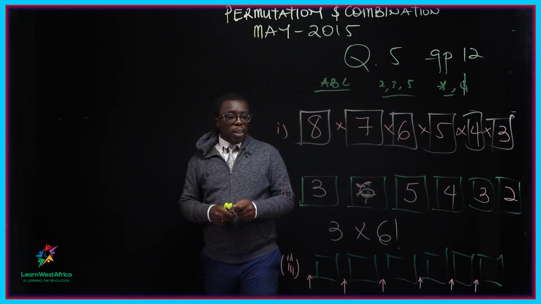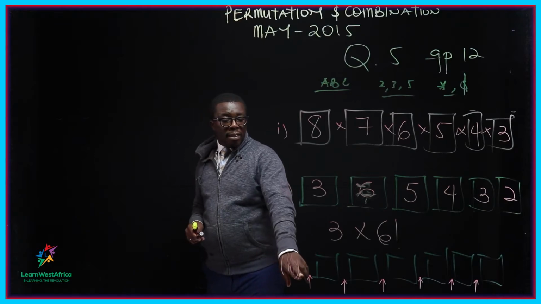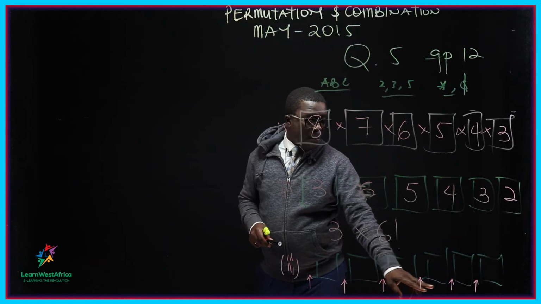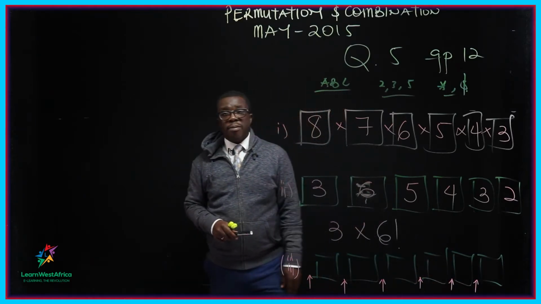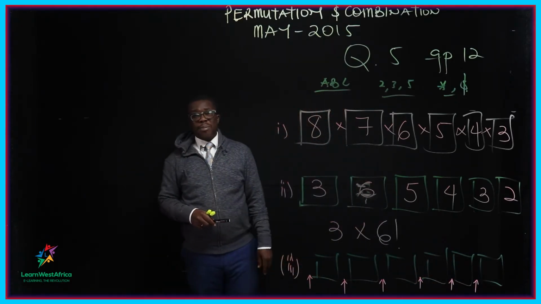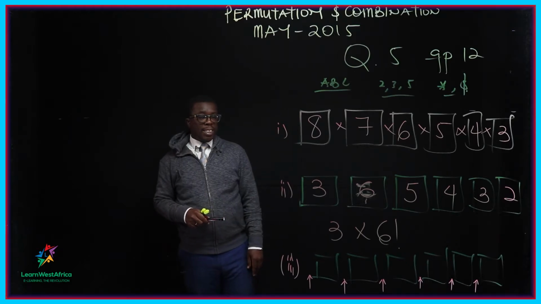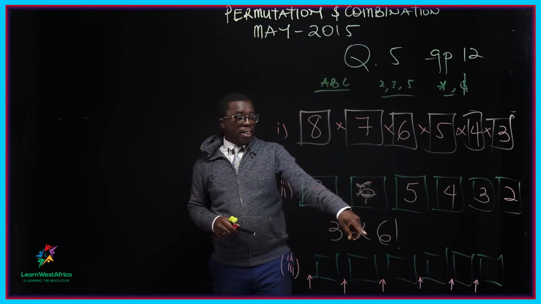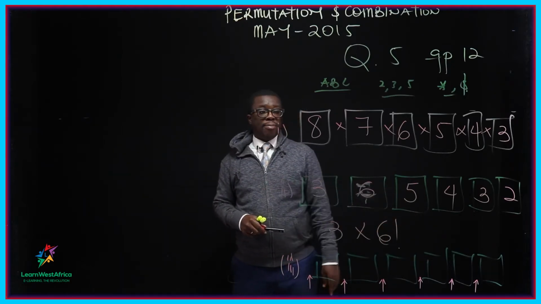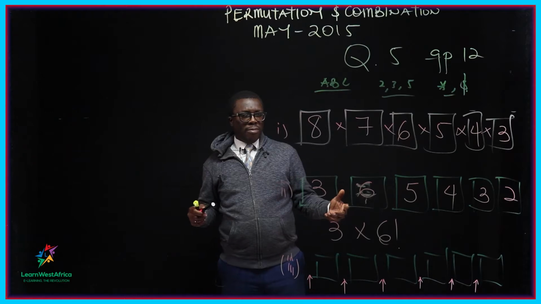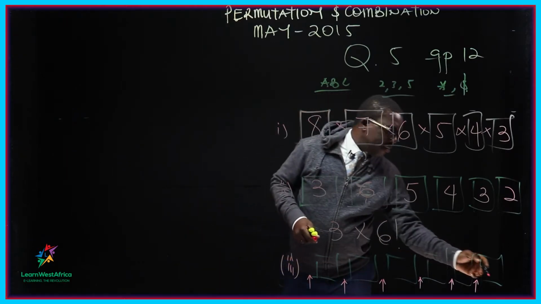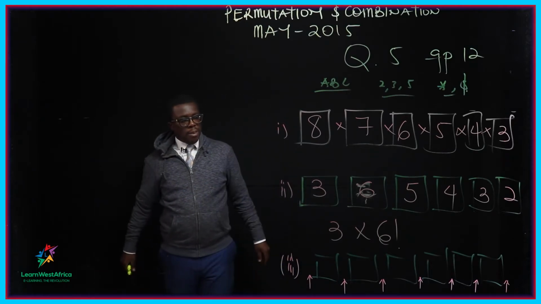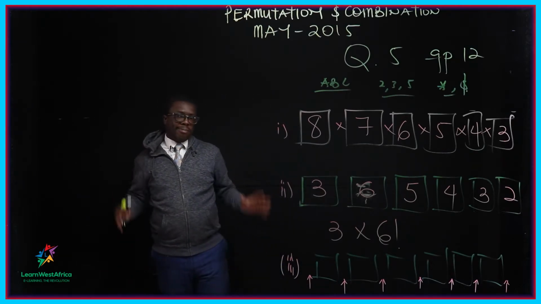So the 2 symbols could either begin 1, 2, 3, 4, 5, 6. We are clear. So either it goes at the beginning, in the middle, there, there, there, there, or it could also go here. Are we clear?